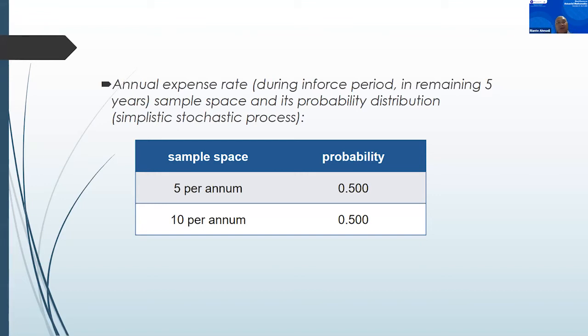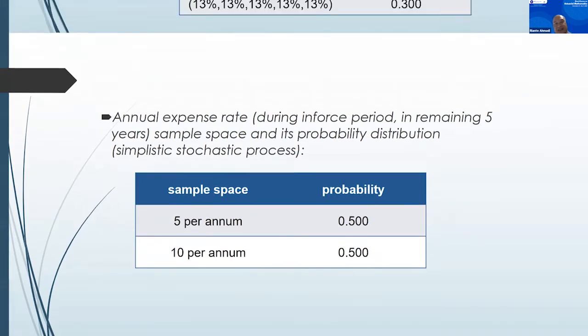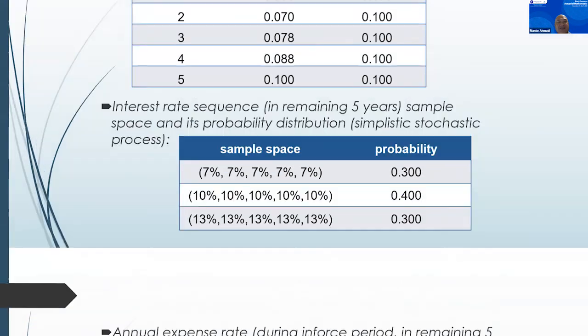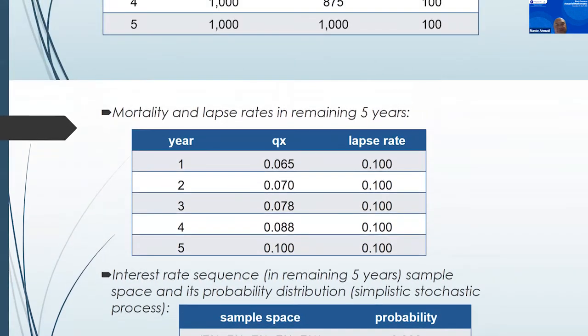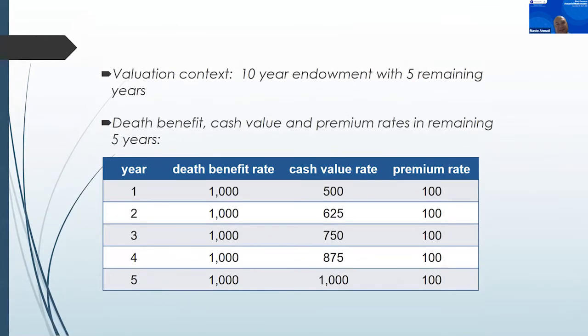So we have 3 different sample spaces we're dealing with here. The first one, we can go back again to the previous slide. That's the first sample space we're dealing with in the next 5-year period.